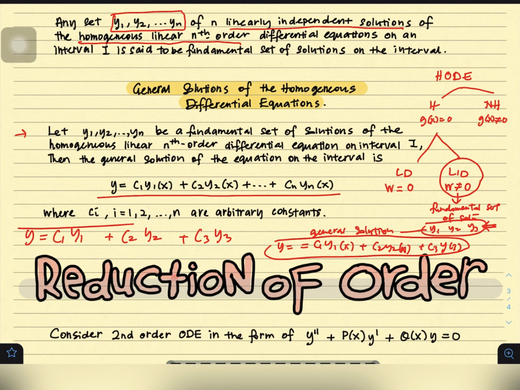Dan keseluruhan ini pun kita panggil dia sebagai general solution of our homogeneous differential equation. So kalau kita nak solution, kita just combine all the solutions according to the superposition principle yang saya dah explain dalam video sebelum ini. Okay?